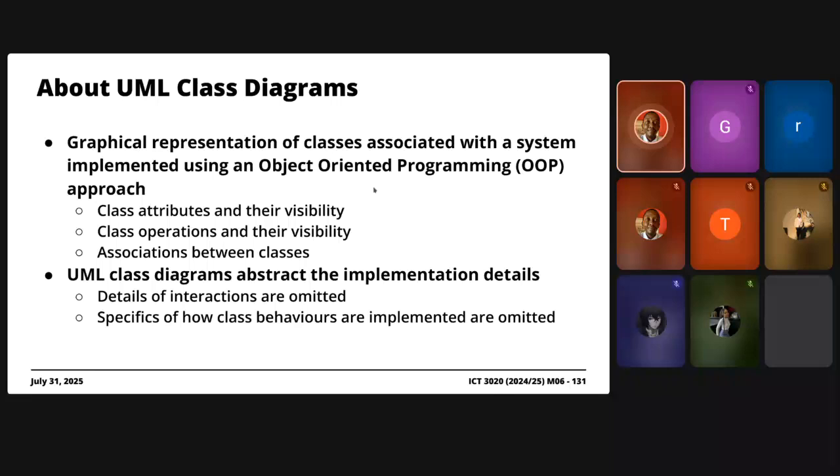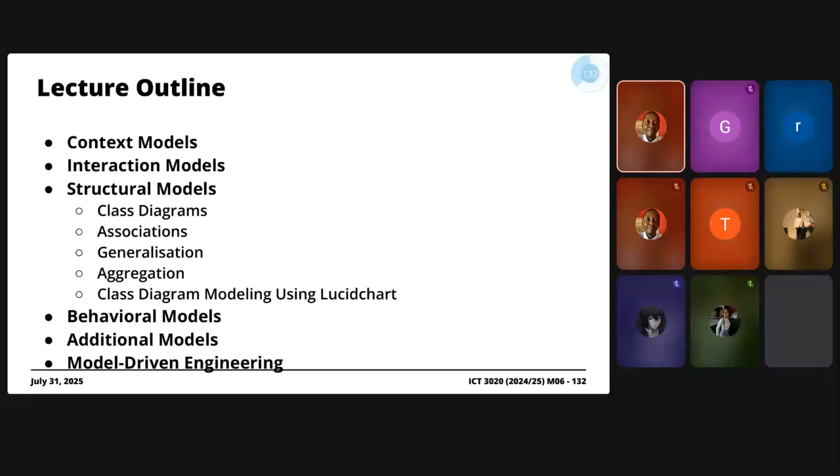And just to mention here that your class diagrams will abstract the implementation details in most instances, right? So, for instance, they will not showcase. The reason why we refer to them as being static models is because they won't provide you with the details of the actual interactions that happen, right? So the behavior of the class would be omitted ideally from your class diagram.